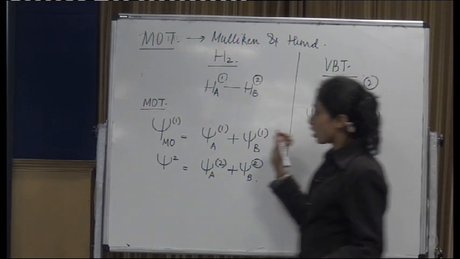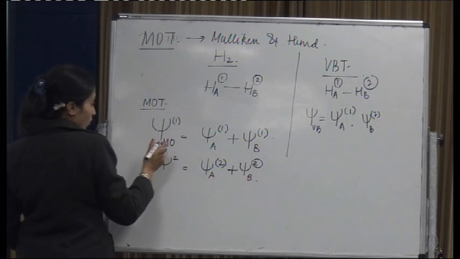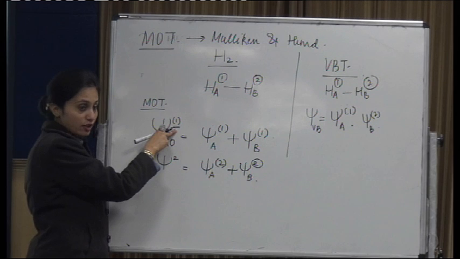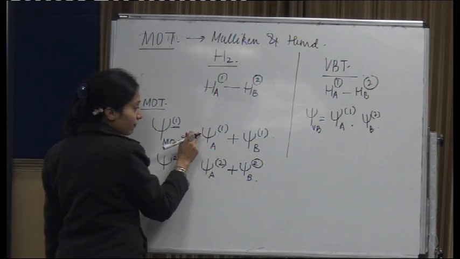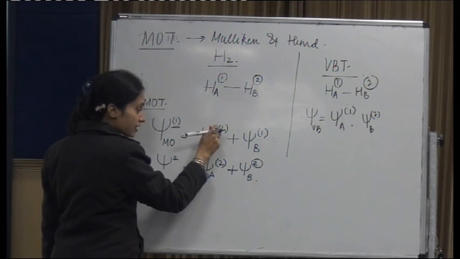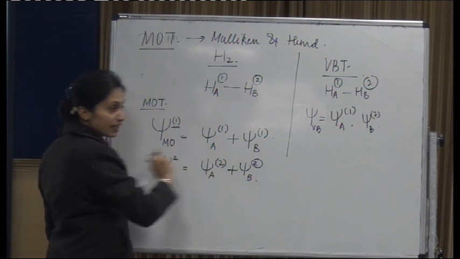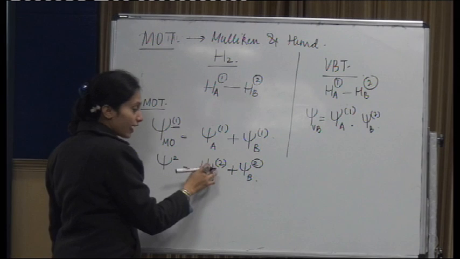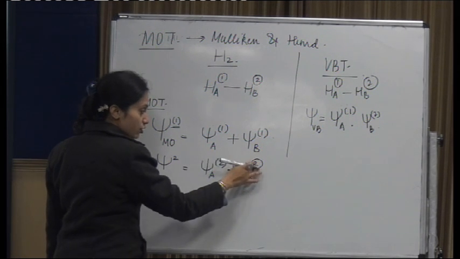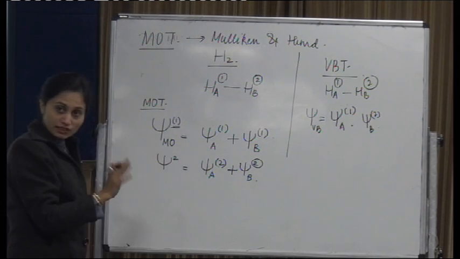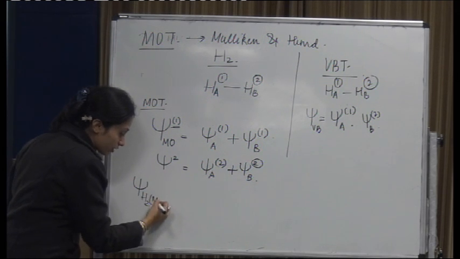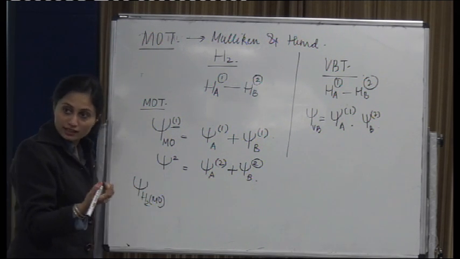Whereas in the case of molecular orbital treatment, if you are talking about the wave function of the first electron, then the wave function of the first electron is associated both with A and B simultaneously. And if you are talking about the second electron, then the second electron is associated with A and B simultaneously, and the total for the H2 molecule according to molecular orbital will be, the two electrons are independent of one another.